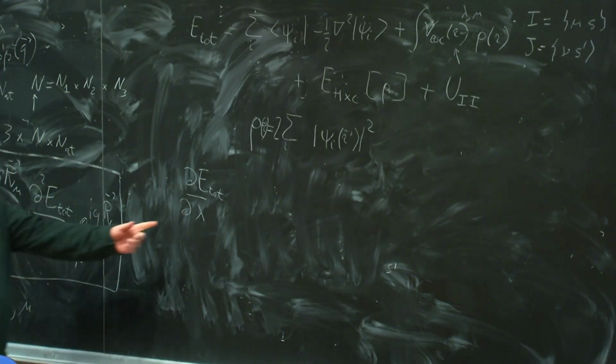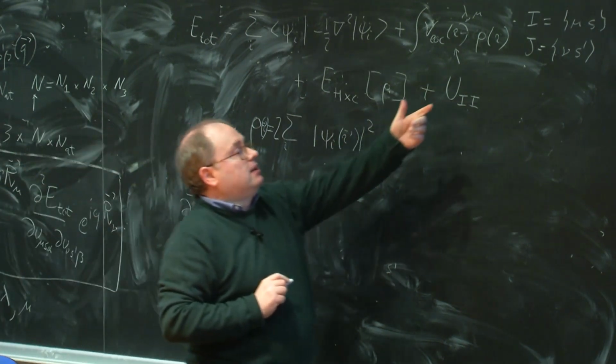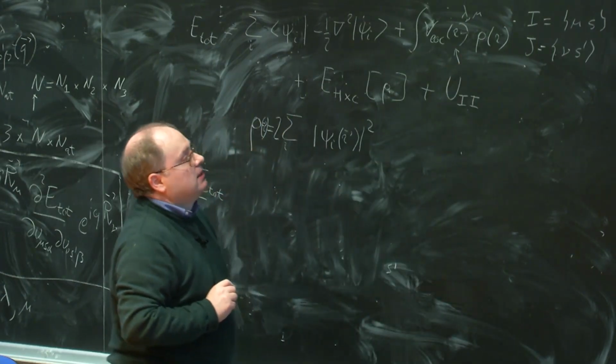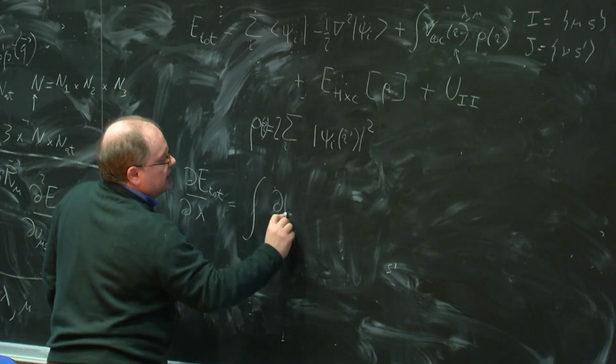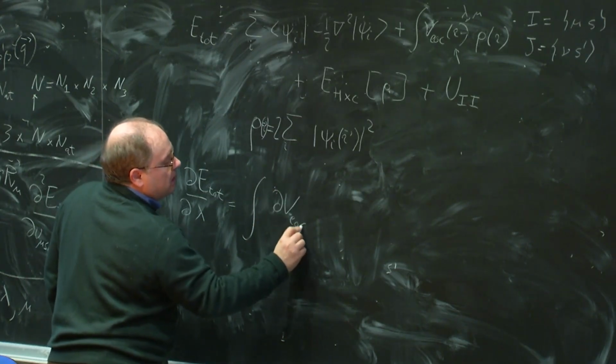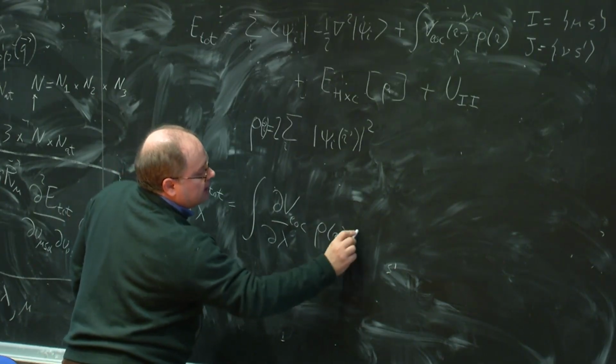If lambda are the atomic displacements, these are the forces. And you have already seen that this can be calculated with the unperturbed charge density, the density that minimizes this function. It is equal to an integral over all the volume of dV local over d lambda times rho of r, d3r.